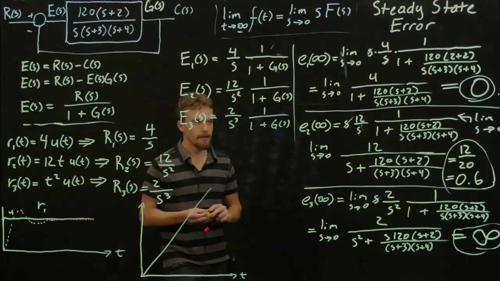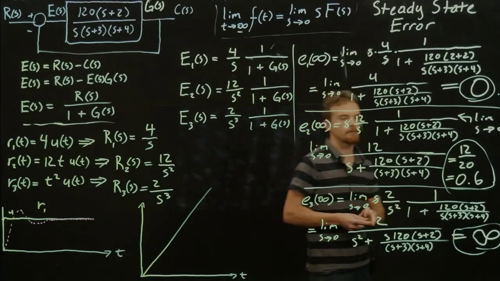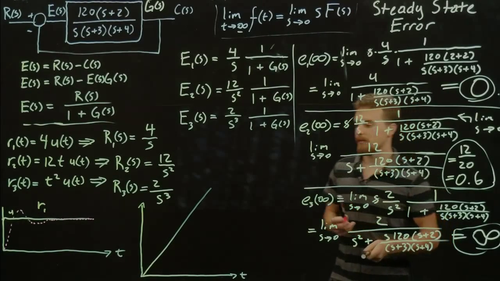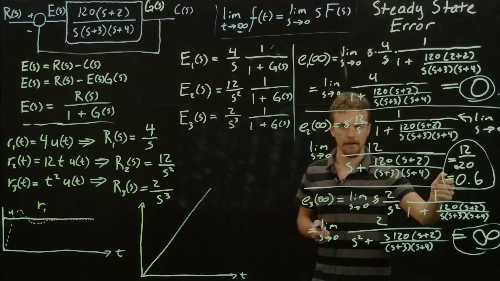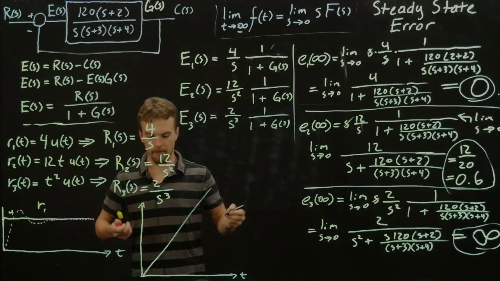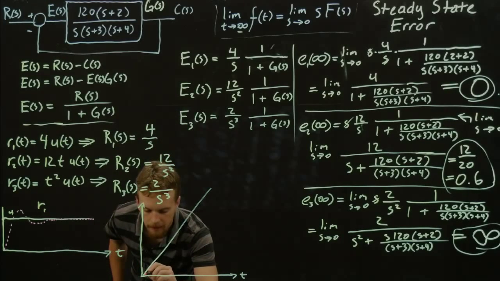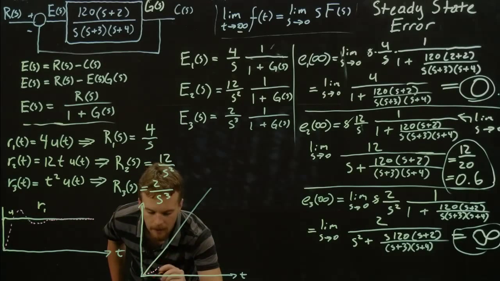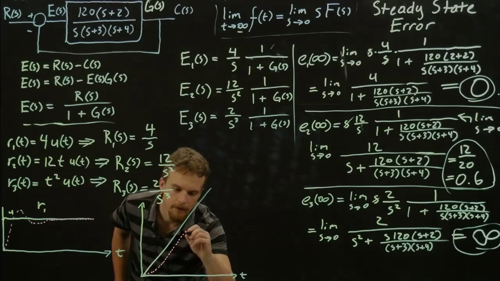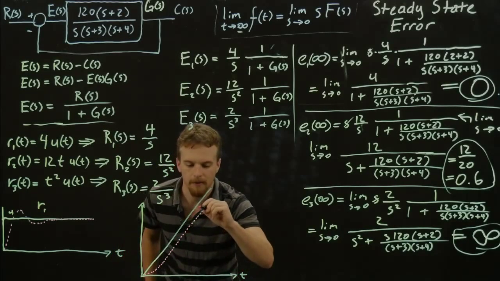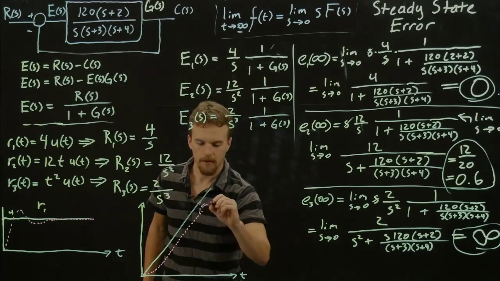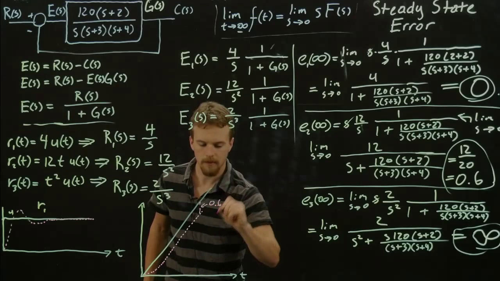And we decided that after a while, the difference between the output and the input would be 0.6. So our response would probably look something like this. Maybe not track it perfectly for the first little bit, but then it would be parallel to it for the rest of the way. And if we took the distance between there and there, that would be 0.6.